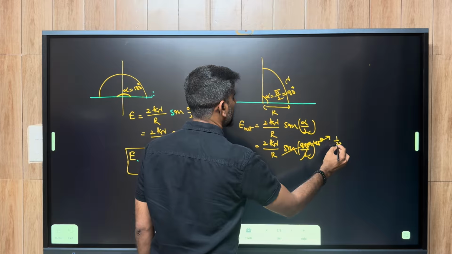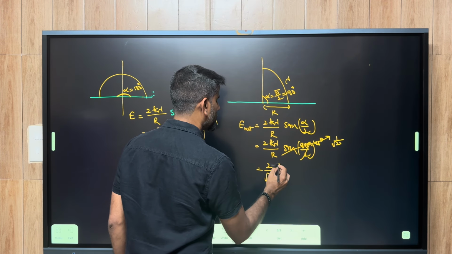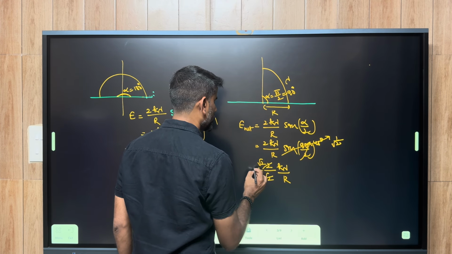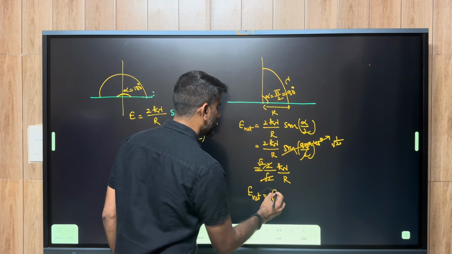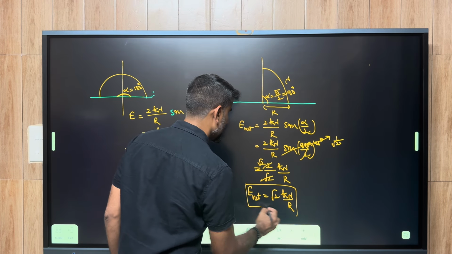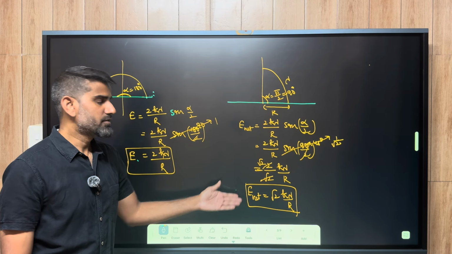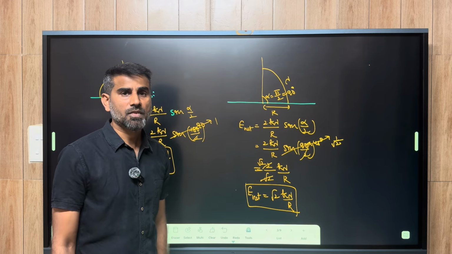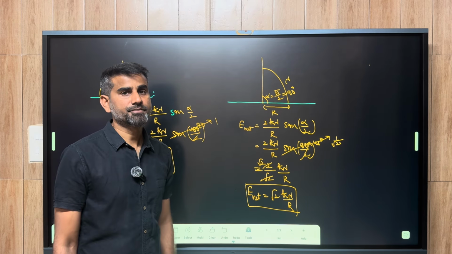Sine 45 value is 1 by root 2. So 2 by root 2 k lambda by r. 2 by root 2 means root 2 comes here, right? So E net is equal to root 2 k lambda by r. This is the net electric field due to a quarter circular charged arc of wire.